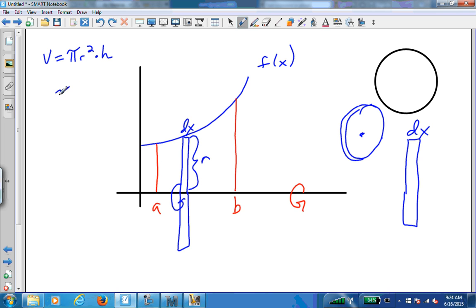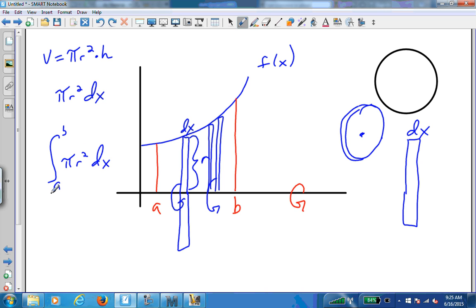So our volume will be pi r squared dx for each one of those little cylinders, and we're going to add those up from A to B. So we're going to take each little sample element, rotate it around the x-axis, get a little disk, and add up all of those disks. So that's a summation, an integration from A to B, pi r squared dx, where in our case here, r squared is given by our function.